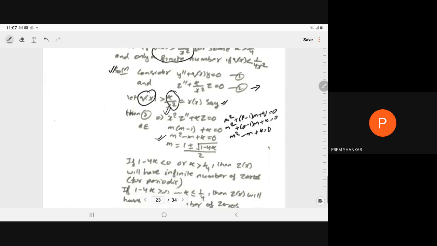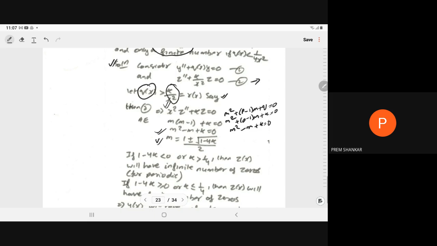For the auxiliary equation, we have the roots m is equal to (1 plus minus root of (1 minus 4k)) upon 2, and the nature of these roots depends on the discriminant 1 minus 4k. If 1 minus 4k is negative, then the roots are complex and occur in a conjugate pair.